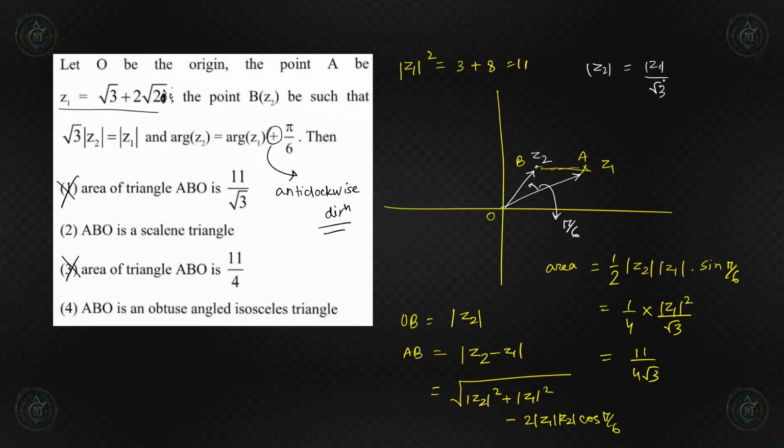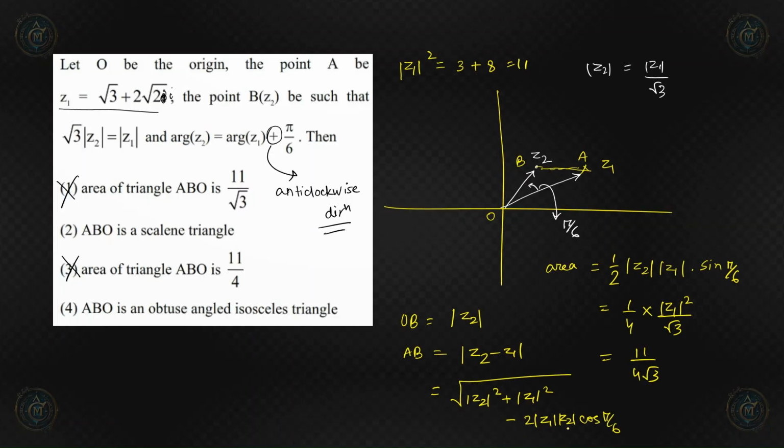So mod z2 square is, let us keep this as it is, plus mod of z1, we can substitute from here, it will be root 3 times mod of z2, right? So it will be 3 times mod z2 square minus then 2 times mod z1 z2.